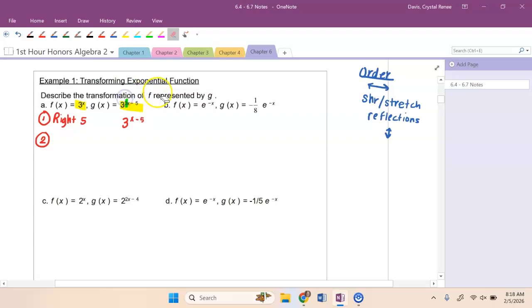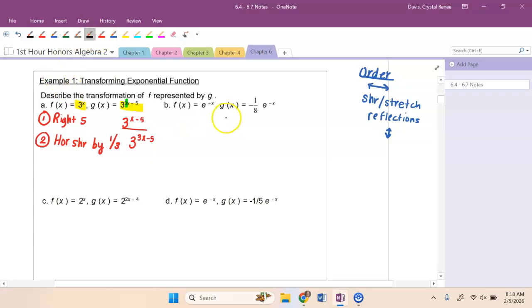It is only applied to the x, so remember, that's horizontal, and when we're horizontal we have to use the reciprocal. So this would be a horizontal shrink by the reciprocal of 3, which is 1/3. If we do that to this function, we get 3 to the 3x minus 5, which is exactly what we have. So those are the only two things we do.